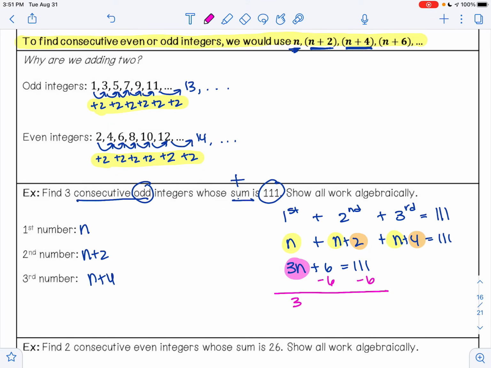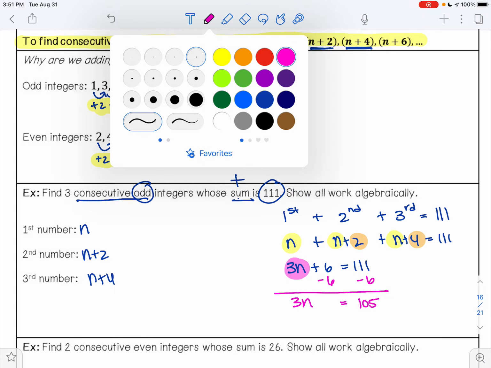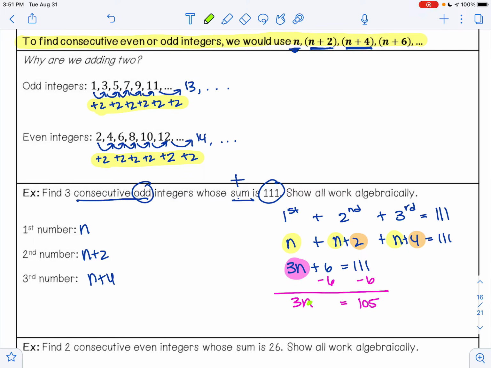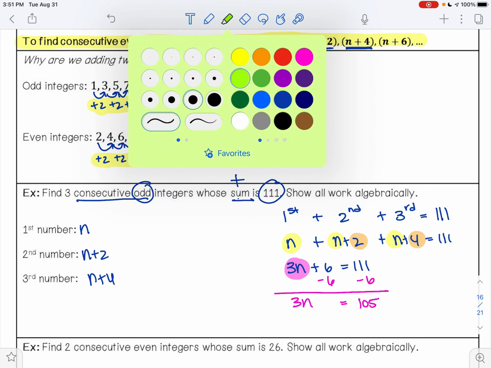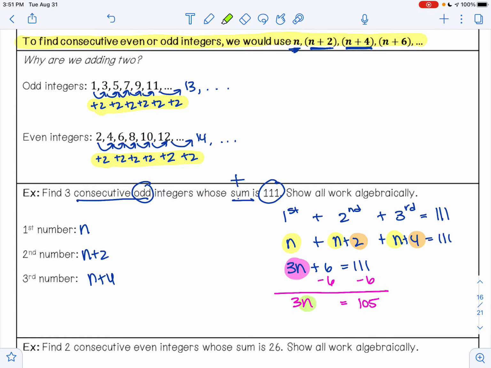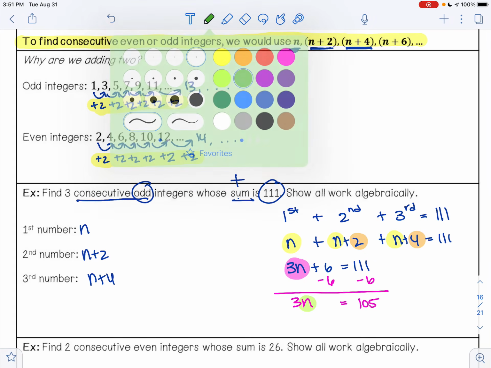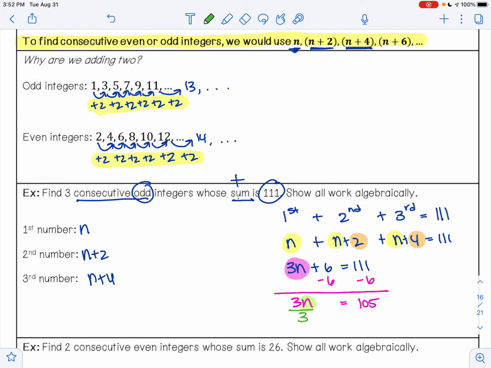And so I'll have 3n is equal to 105. I want to get n by itself. n is being multiplied by 3. To undo multiplication, I'll do division. And I will find that n is 35.